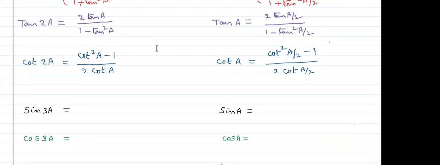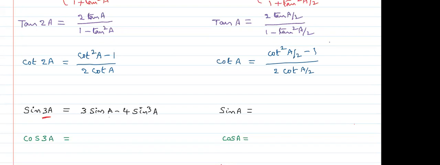Now, the sin 3a formula. What is sin 3a? Students, tell me. That is 3 sin a minus 4 sin cube a. This is a multiple angle formula. Then how to write the submultiple angle formula? Here 3a is there.